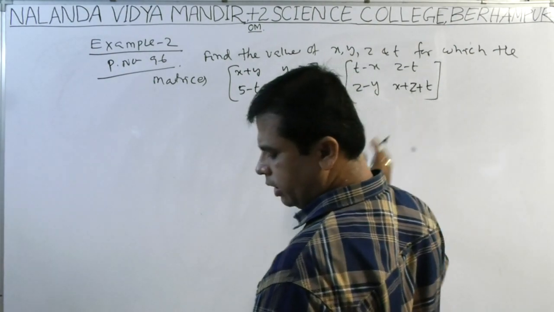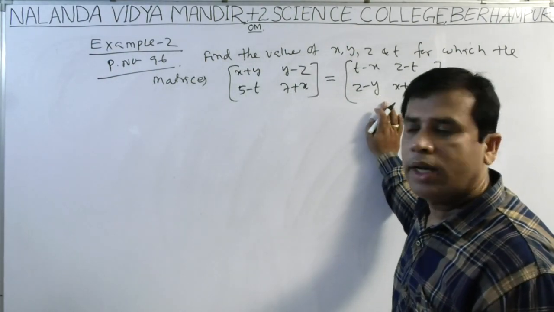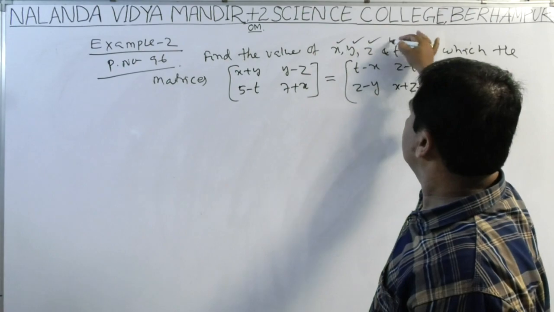If both are equal, then find the values of x, y, z and t.